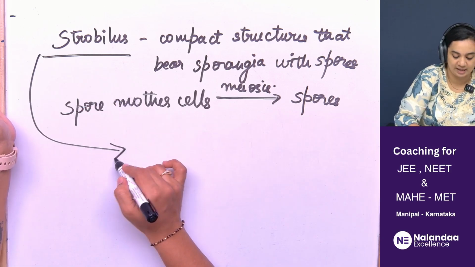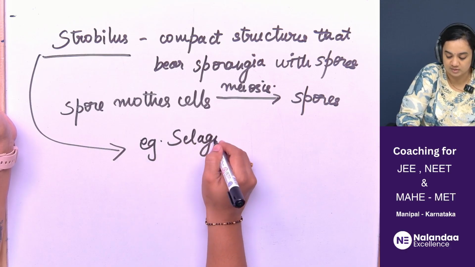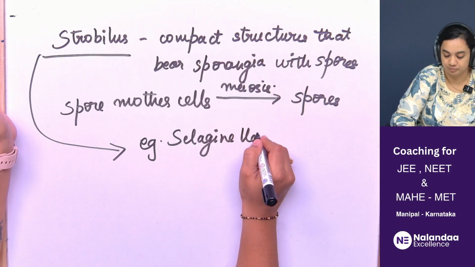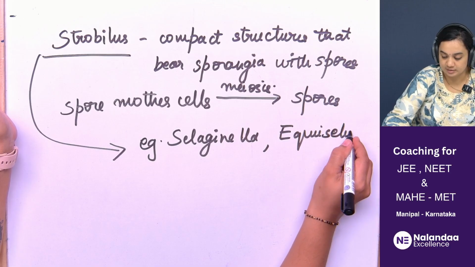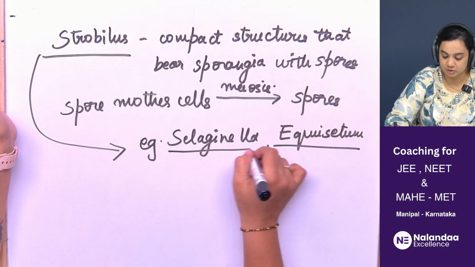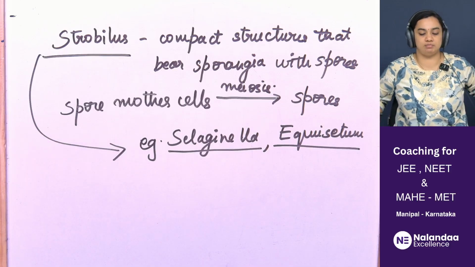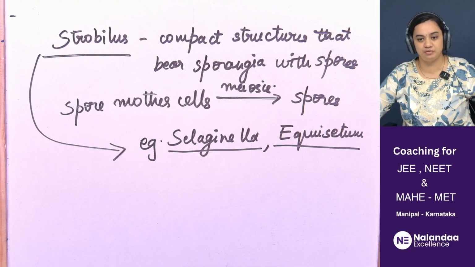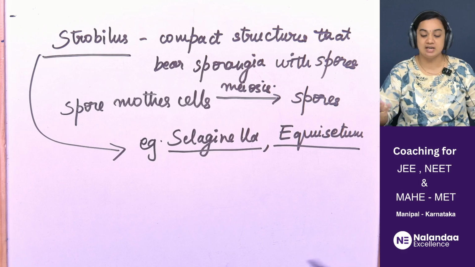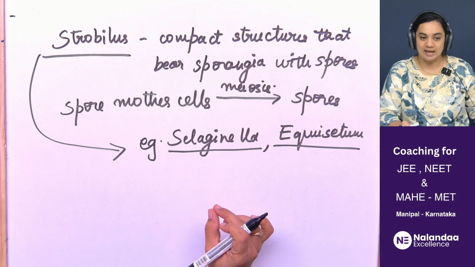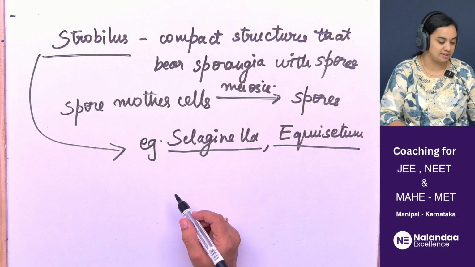Now the strobili are usually present in case of Selaginella and equisetum. Okay, these are examples of forms where strobili are present. Strobili are not present in all pteridophytes. Okay, they're only present in a select few pteridophytes. Otherwise the sporangia will simply be present under the leaves. Strobili are present specifically in pteridophytes like Selaginella and equisetum.